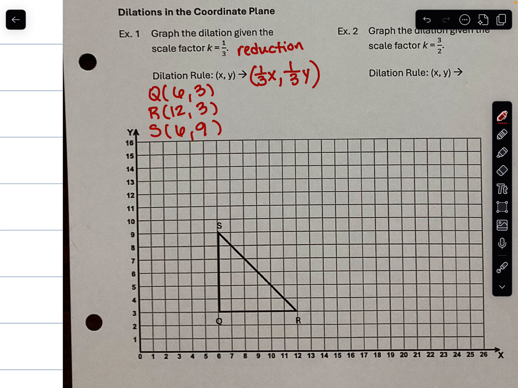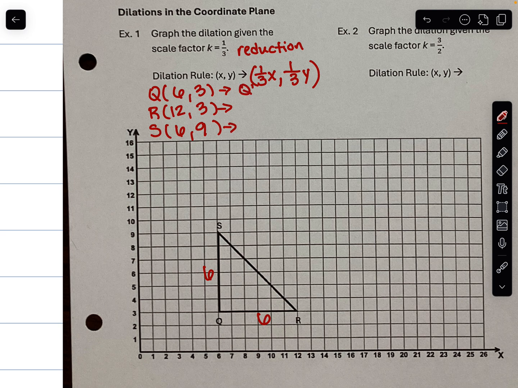Okay, now here's the other thing I want us to just look at real quick. What is the length from Q to S? 6. What about from Q to R? Both of those lengths are 6, okay? Because we're going to look at how that's going to change in just a second. So first, let's find Q prime, R prime, and S prime.